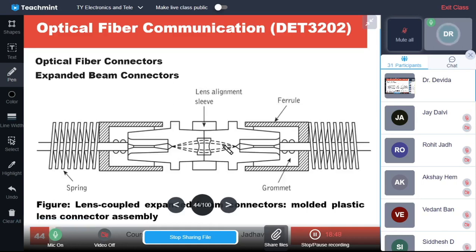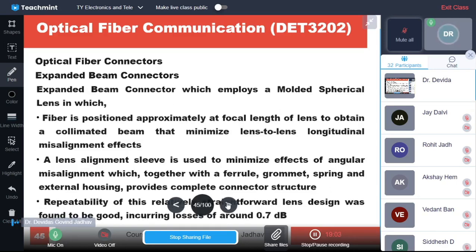Instead of two different lenses which become difficult to adjust, a single lens is used. Okay, a lens alignment sleeve is there, a ferrule is there, and the grommet and springs are there to adjust all these optical parameters. So in general this beam connector employs a molded spherical lens, in this case a plastic molded spherical lens, and the fiber is positioned at approximately the focal length to obtain the collimated beam, so the lens to lens longitudinal misalignment effect is not there.